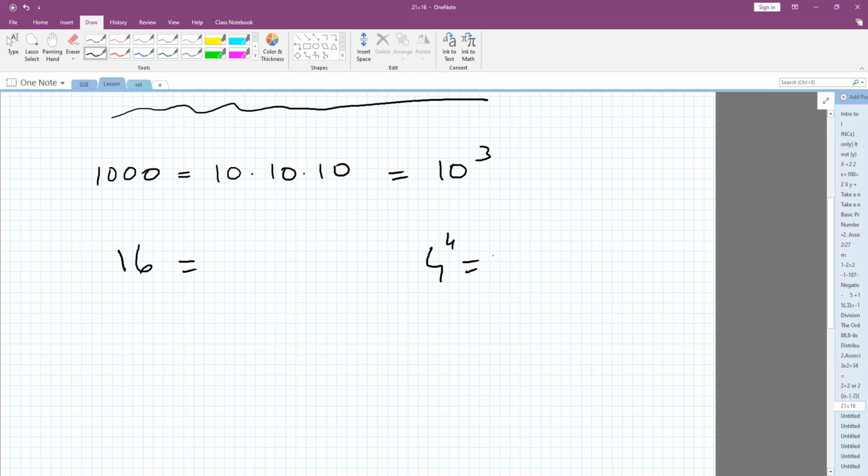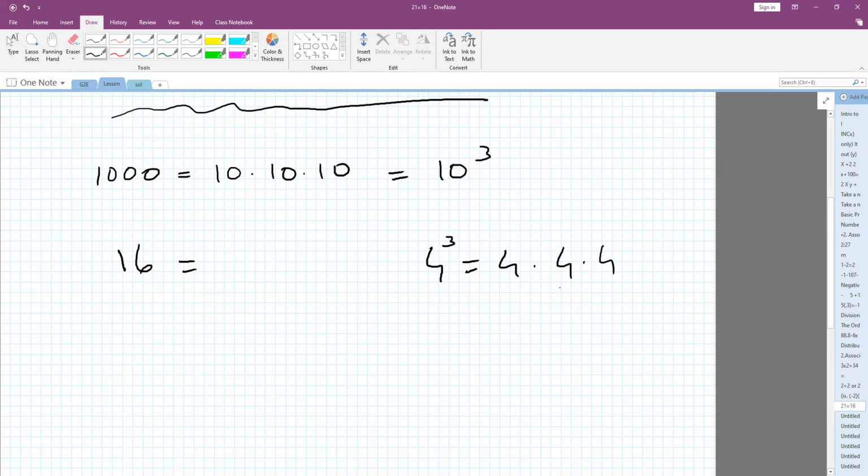No, it's actually 4 to the power of 3. Now let me ask you, what does 4 to the power of 3 mean? 4 to the power of 3 is 4 times 4 times 4, okay.